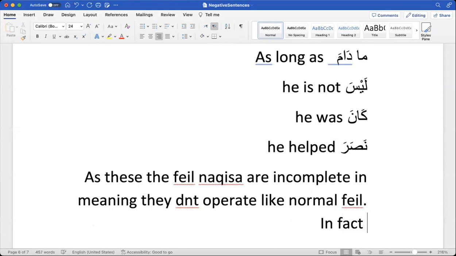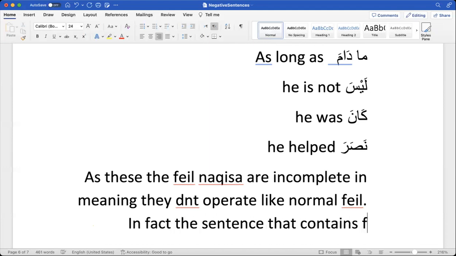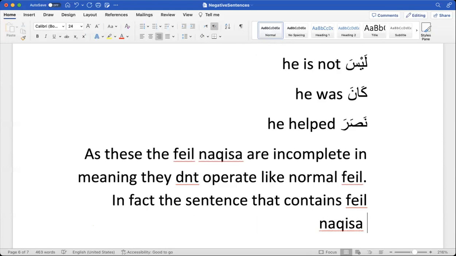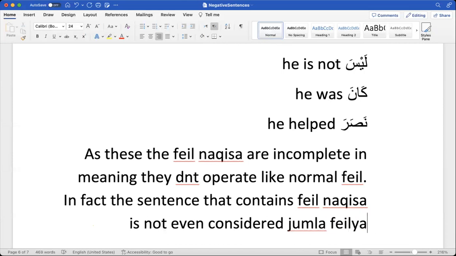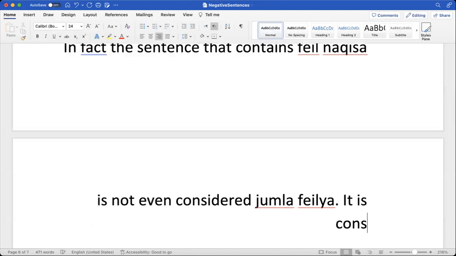In fact, the sentence that contains fail naqisa is not even considered jumla failure. It is considered as Jumla Ismiya. Correct?